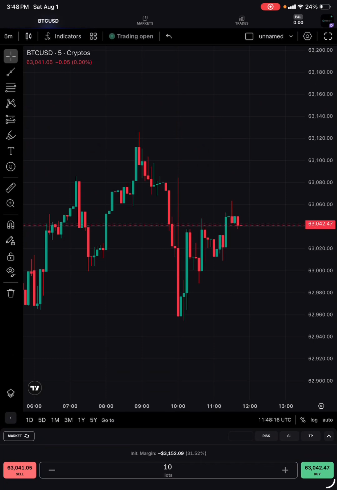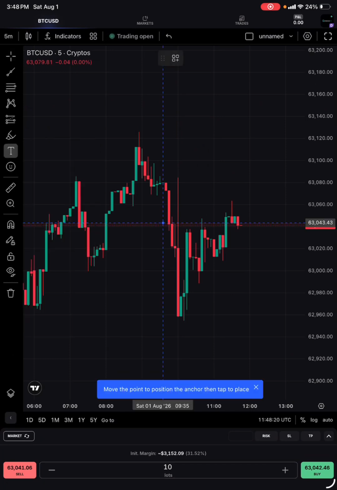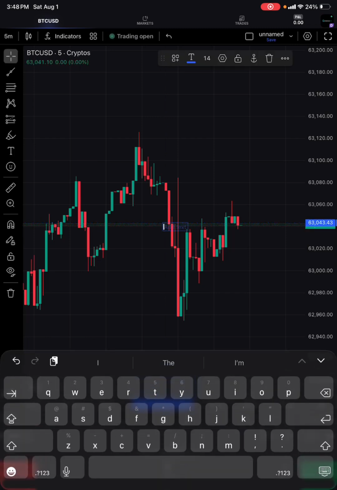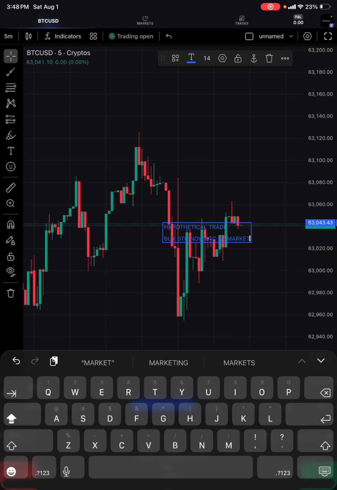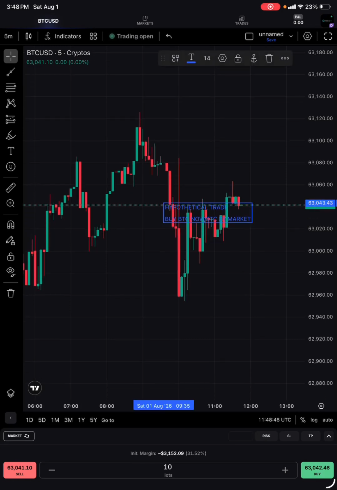Okay, so let's say our hypothetical signal comes in, it says buy BTC now, or BTC buy market. Let me just move this out the way.